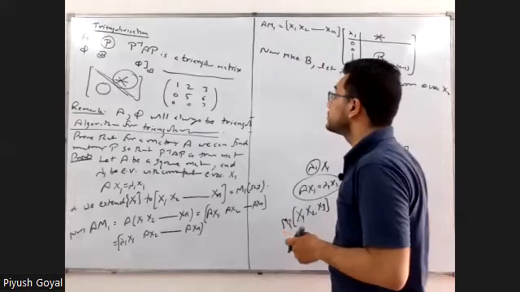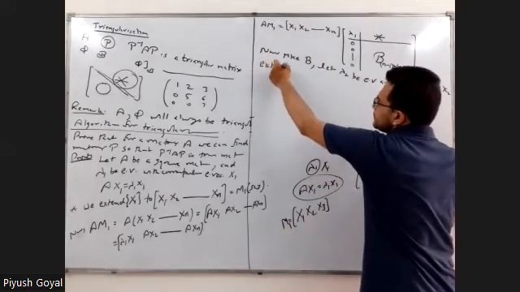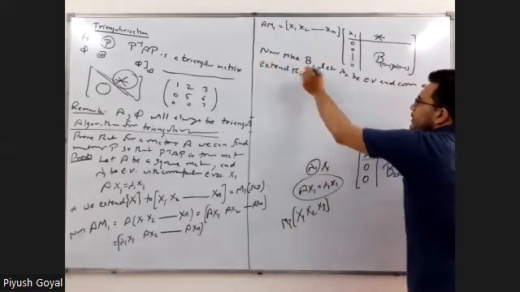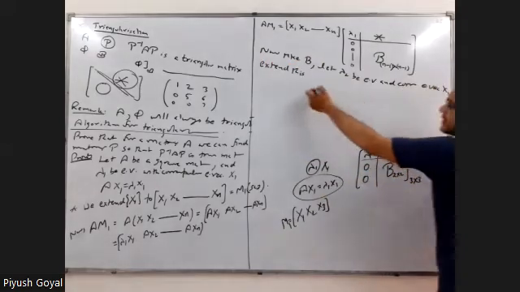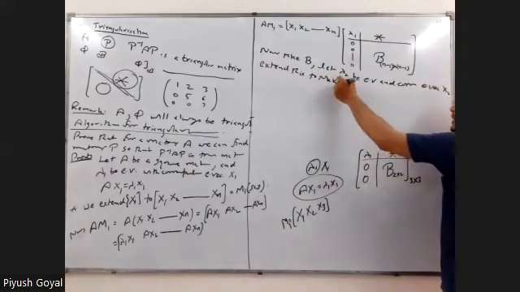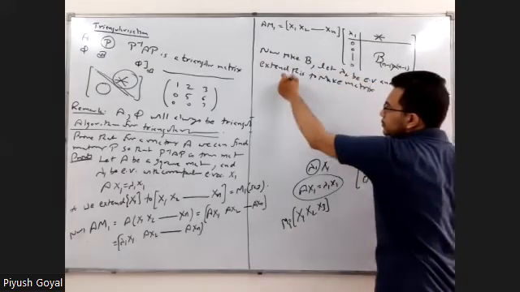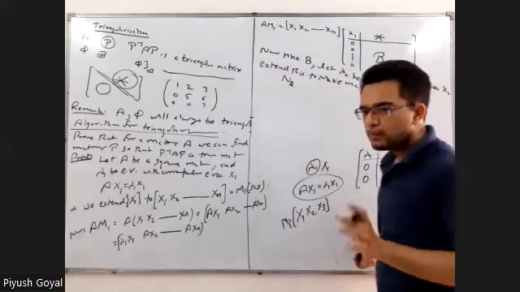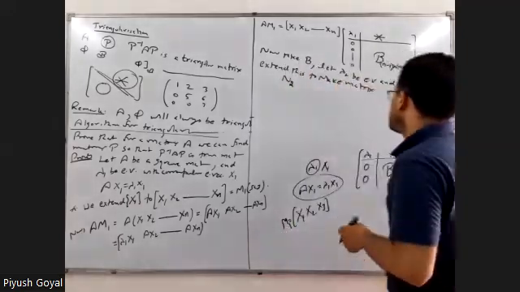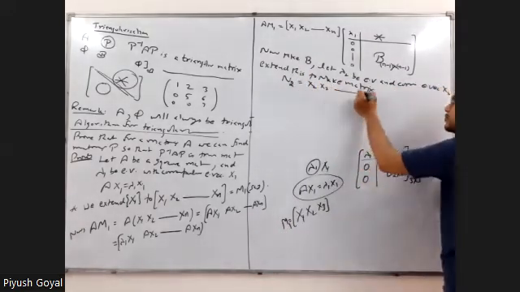So you extend this to make matrix N2. This is your matrix N2. It contains x2, x3, and so on up to xn.